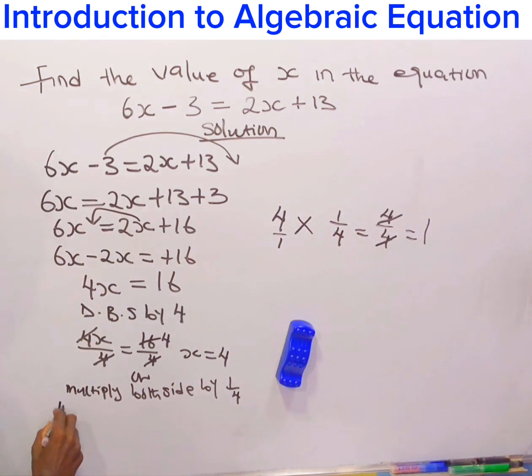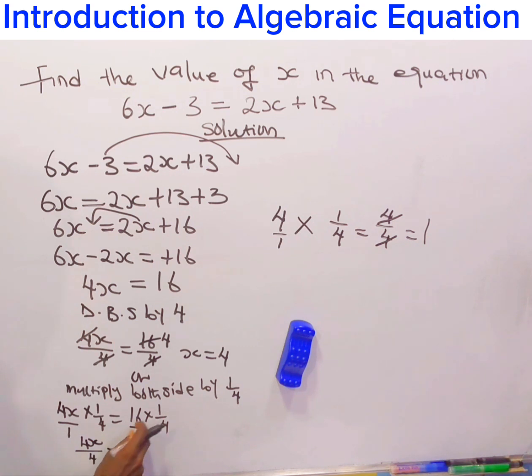So we now have 4x times 1 over 4 is equal to 16 times 1 over 4. 4x is the same thing as 4x over 1. 16 is the same thing as 16 over 1. Now 4x times 1 will give us 4x over 1 times 4, which is 4, to be equal to 16 times 1 is 16 over 1 times 4, which is 4.